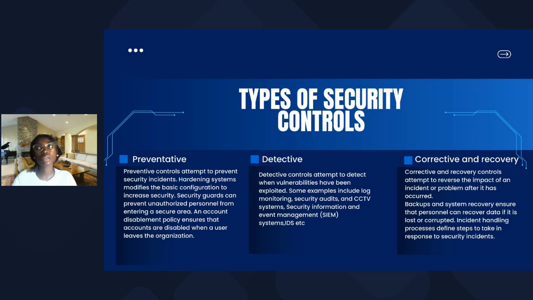Another example can be intrusion detection system, which sounds similar to the intrusion prevention system, but this time around it is intrusion detection system. Unlike the IPS that prevents, what the IDS does is help you detect malicious traffic after it has entered your network, right?